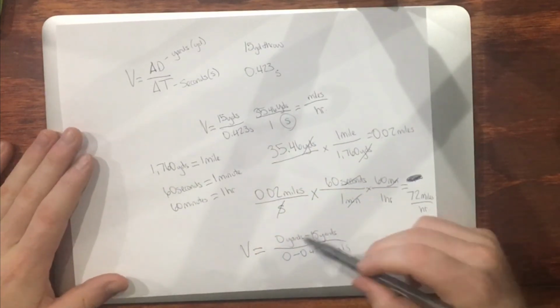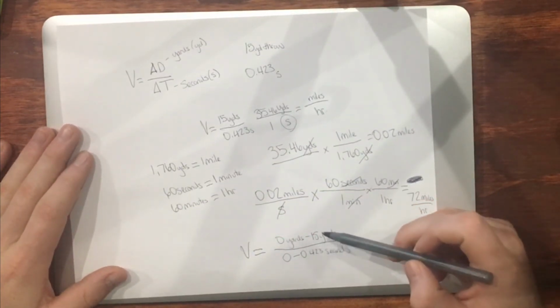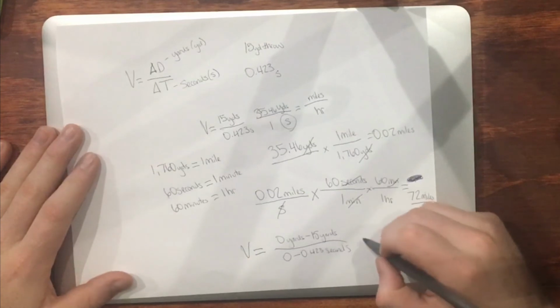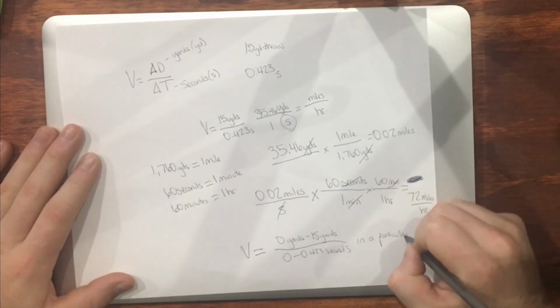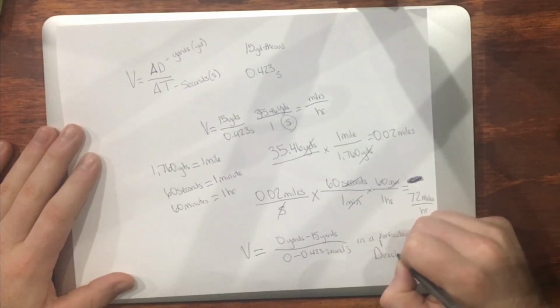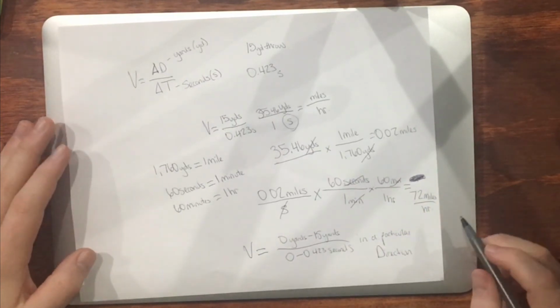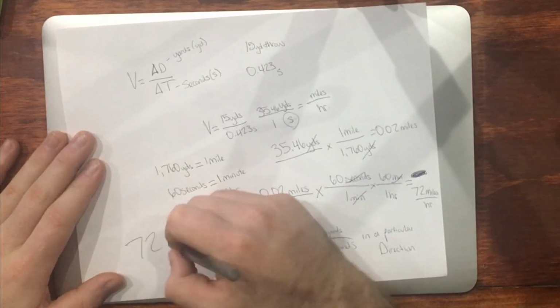Velocity equals your change of distance over your change of time in a particular direction. So the end result was 72.